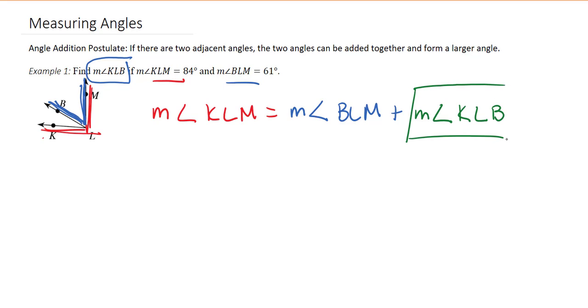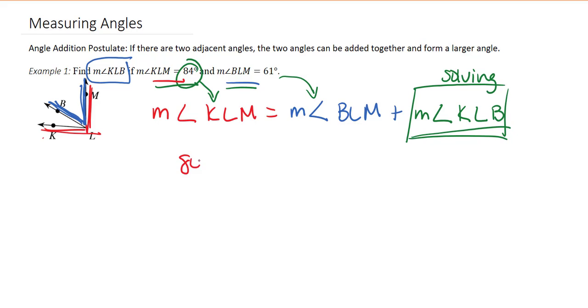So what are we solving for? Well, this is what we're solving for. And what do we know? We know this and we know this. So we can substitute this number in for this, and then substitute this number in for this, and then solve for our missing angle.